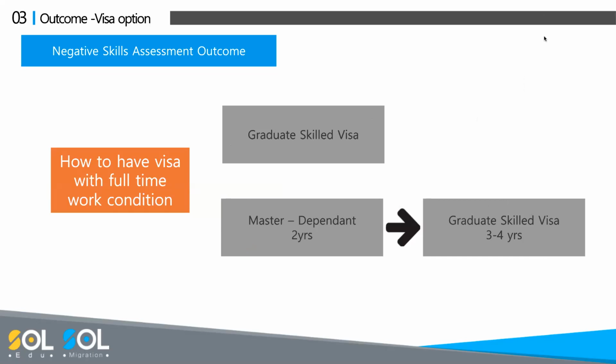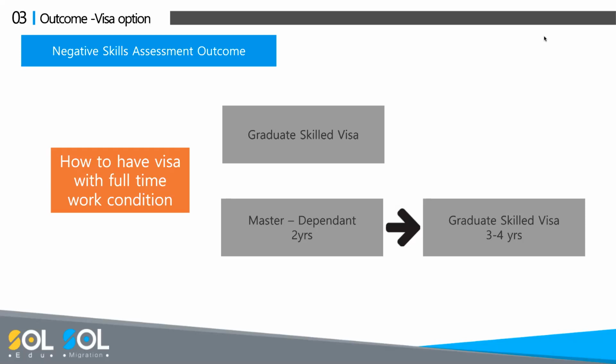And then if I got a negative outcome, then I cannot apply the skill assessment and I cannot apply for the employer sponsorship. That's what I can do. So again, I have to think about another study, right? I don't want to study, then I think no opportunity, then you should just extend the visa, then go back to your home country.